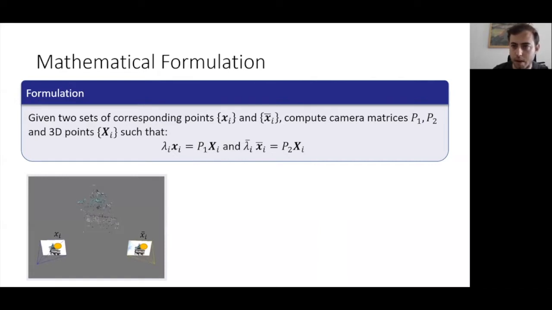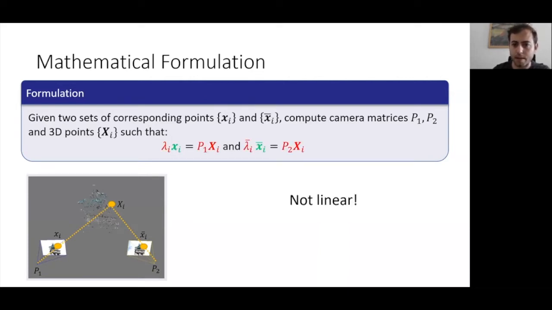Okay, so here's an example of point correspondence, xi and xi bar, and we need to compute both the 3D point and the two cameras such that the 3D point is projected to our observed 2D point correspondences.